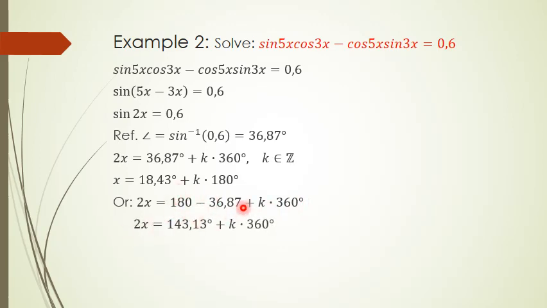Then subtracting here, we have 2x equal to 143.13 degrees plus k times 360 degrees. And then dividing through by 2, we obtain the answer x equal to 71.57 degrees plus k times 180 degrees.